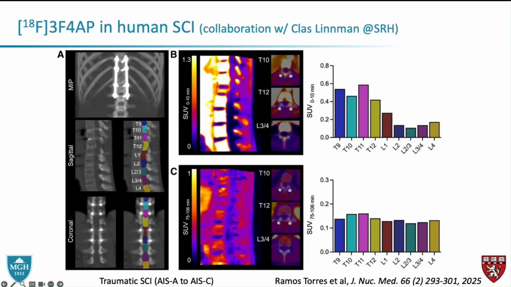Below the injury, the signal in the cord is very dark, very low in the initial PET frames, which suggests low perfusion to that area. And in the late PET frames, it didn't seem elevated or reduced.